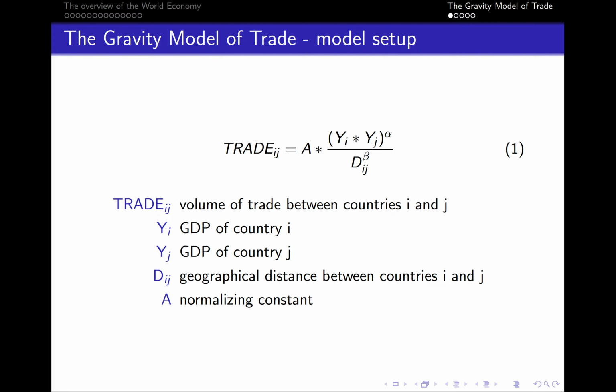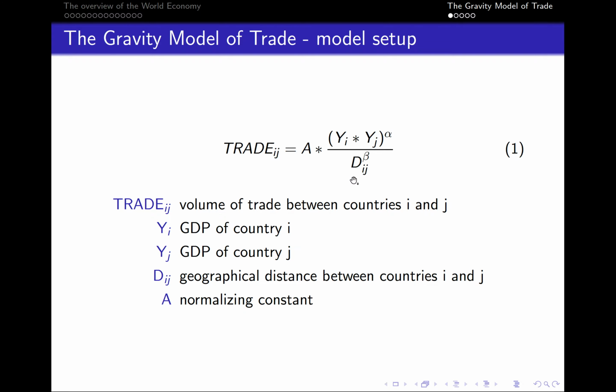And it doesn't really matter if we look at the GDP from the perspective of production, because the more the country produces, the bigger the GDP, the more this country can sell. Now, when we look at GDP from the income side, we see that the bigger the GDP, the higher the income of the domestic residents, the more money they can spend on imported goods. So we predict, based on the gravity model of trade, that bigger countries will trade on average more with each other.